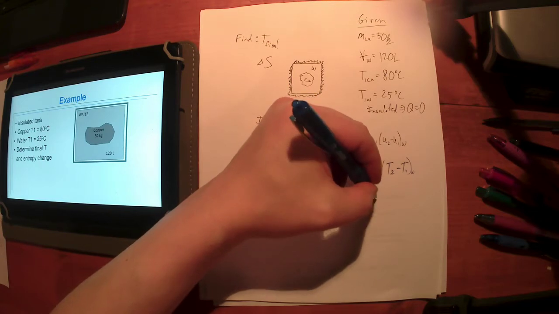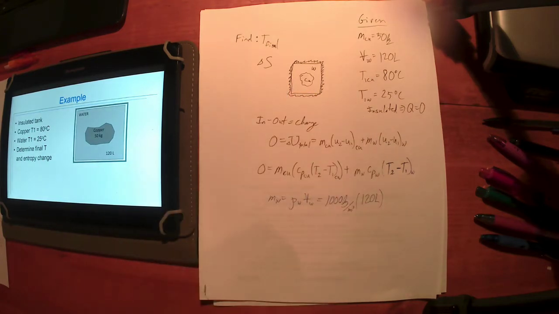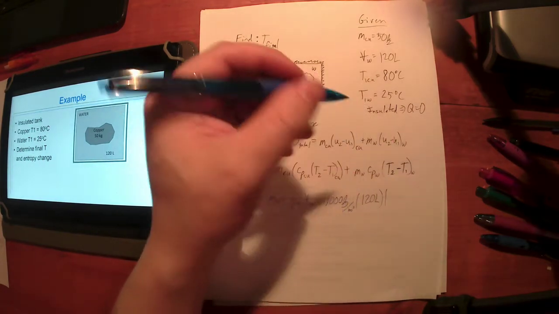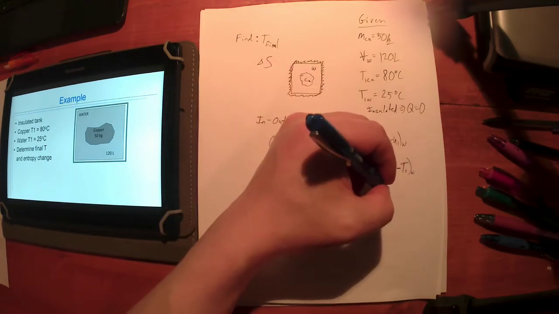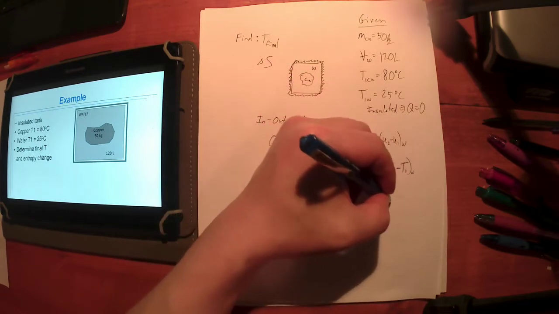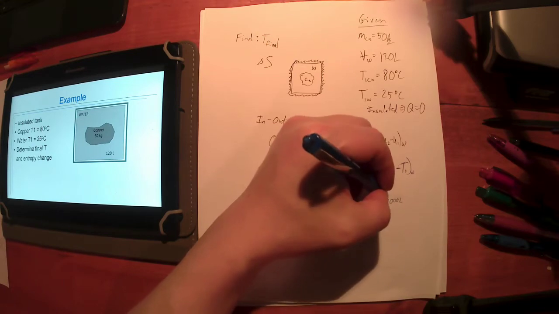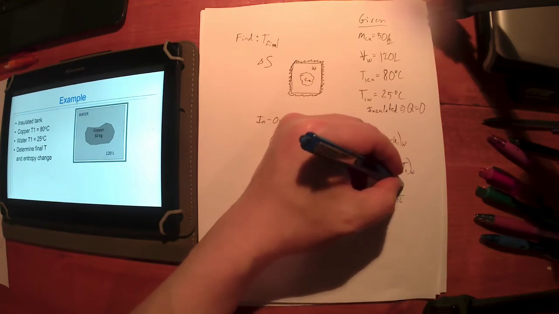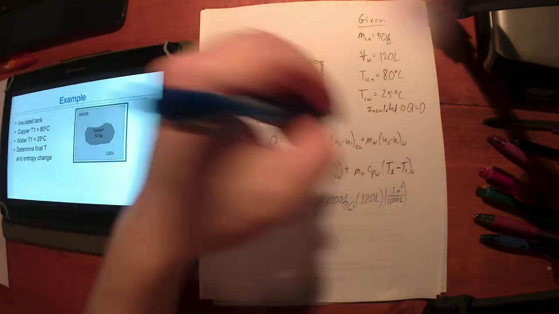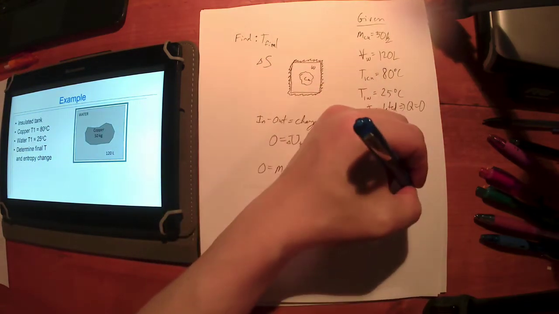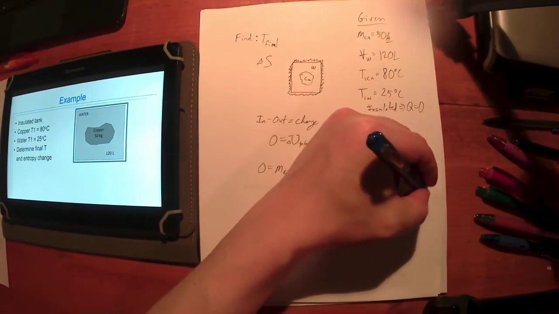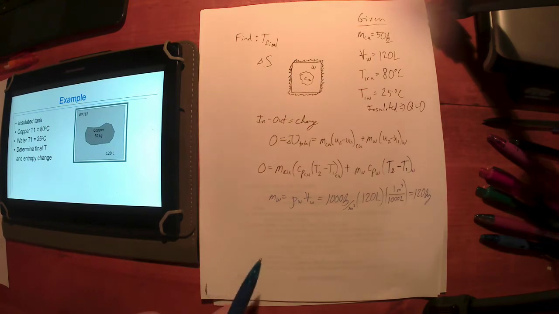I've got a volume of 120 liters, and if memory serves, there's about 1,000 liters for every cubic meter. So that works out. 120 liters of water has a mass of around 120 kilograms. We'll just keep the mass simple there.